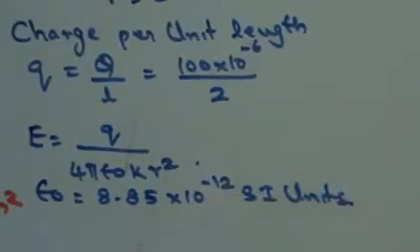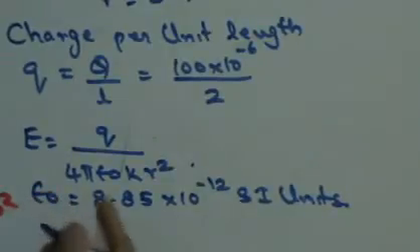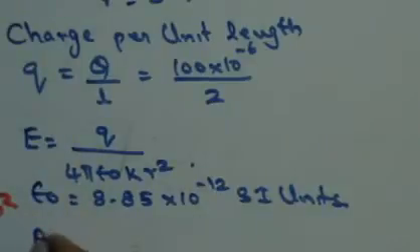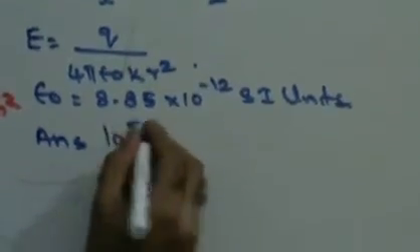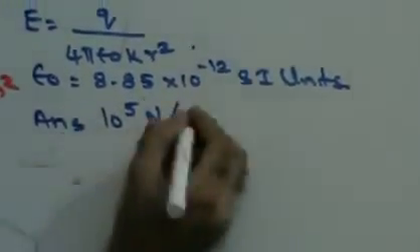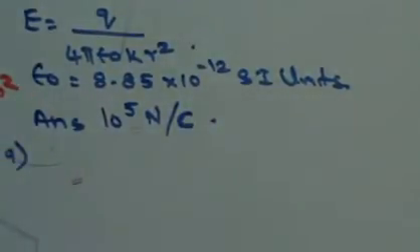Once you have this, you can substitute and get the answer. The answer for this sum should be 10 raised to 5 newtons per coulomb.